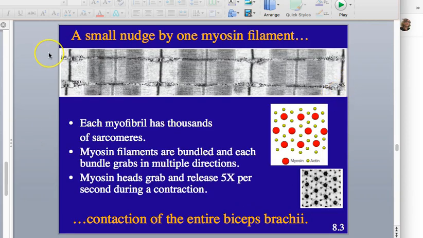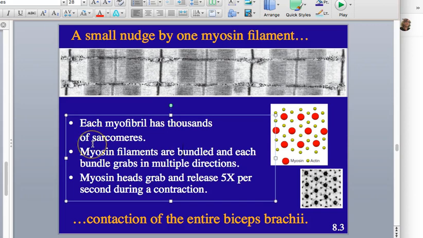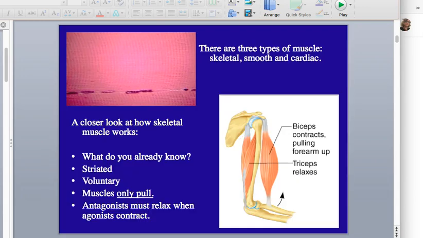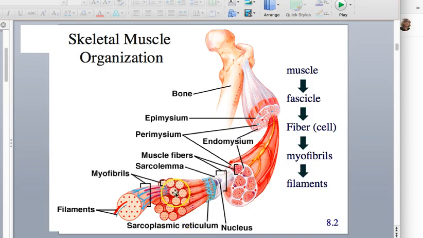All right, so I kind of already said all of this. Each myofibril has thousands of sarcomeres. Let's go back up here real quick. If each myofibril contains thousands of sarcomeres, each fiber contains hundreds of myofibrils, and each fascicle contains hundreds of fibers, that's millions of filaments ready for contraction within each muscle.